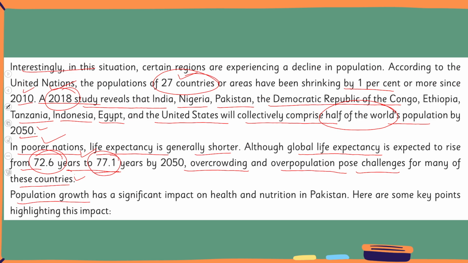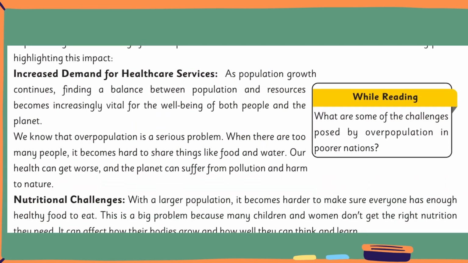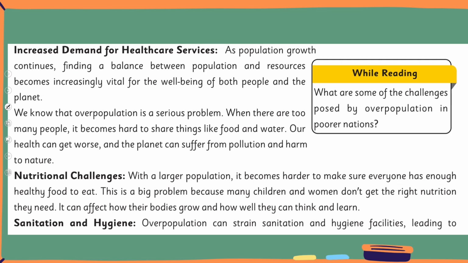Now, population growth has a significant impact on health and nutrition in Pakistan. So if you pose concern about Pakistan due to overpopulation, then health and nutrition are number one. Now, students, you can find these different headings that are talking about different issues posed due to overpopulation.